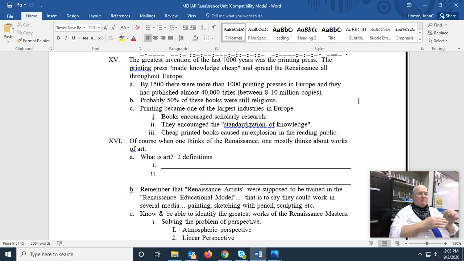Gutenberg only made one small innovation, and that was he was able to make interchangeable letters to go into a sheet, a rack, and then he could change the letters on that page, and then tightly bind them together, and then press it down into the ink blot, press it down on the paper, and voila, you have a printed page.